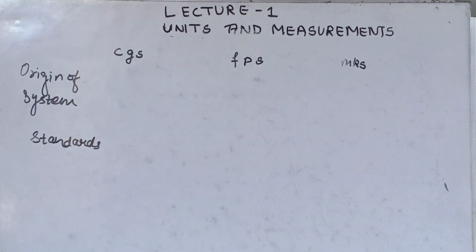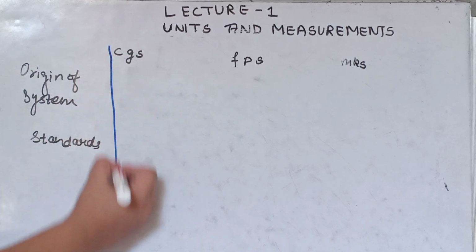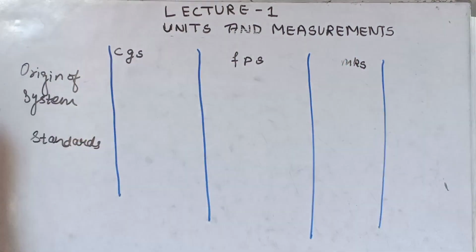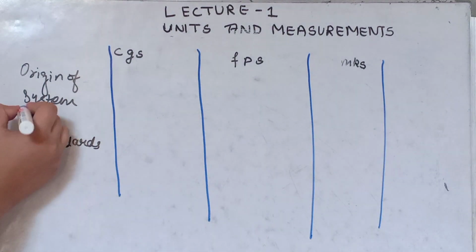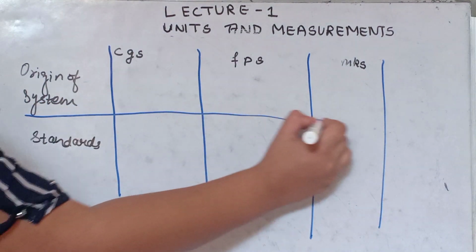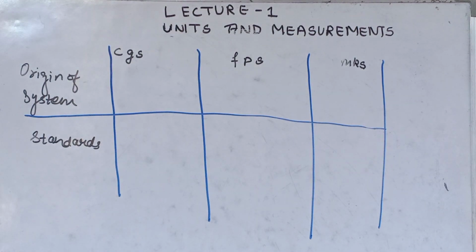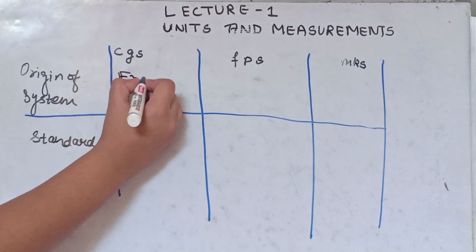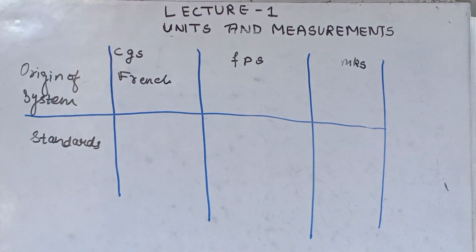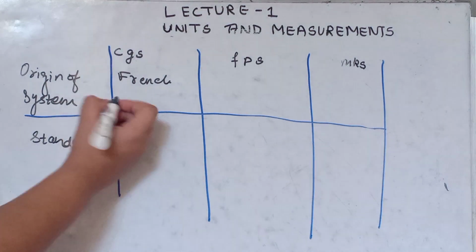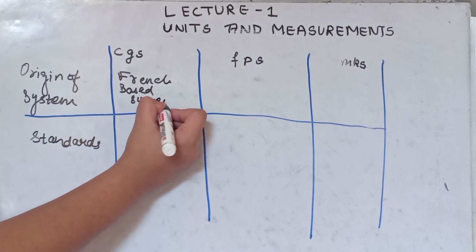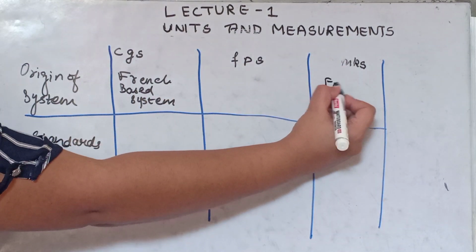So let's see. Both CGS and MKS are French-based systems. So these originated from France.